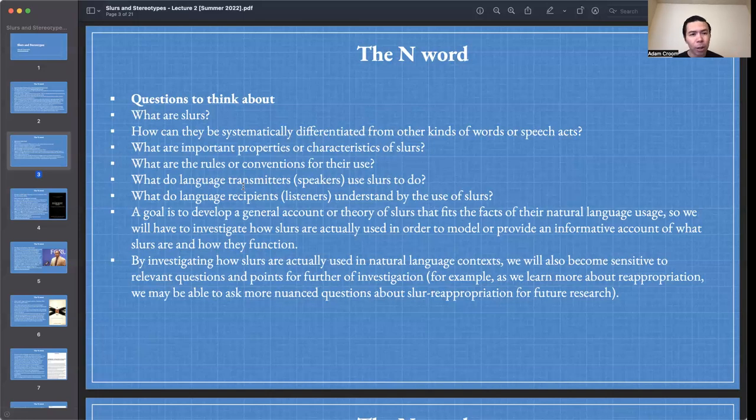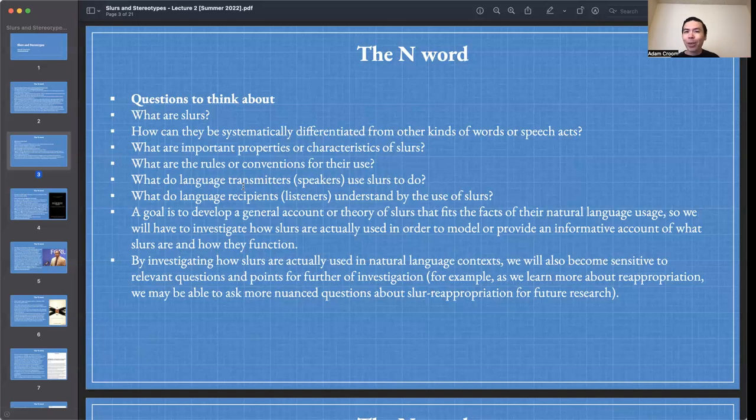Another related question is, what do language recipients or listeners, receivers understand by the use of slurs? Okay, so there's one question about what speakers are doing when they're using slurs. Another is, how do listeners interpret slur usage? Right? How do I know that a particular usage of the N word is an in-group or out-group usage?